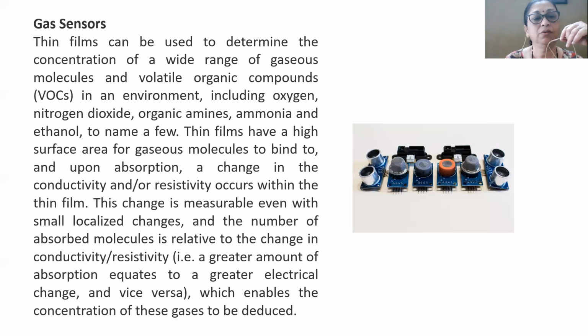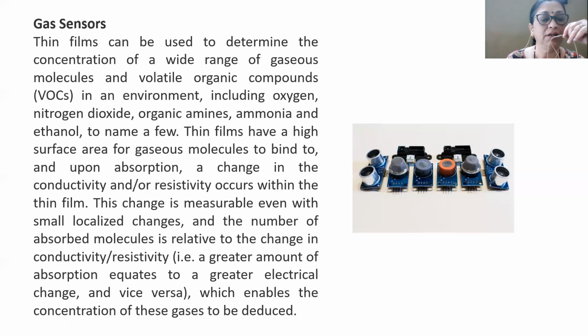This adsorption of gas molecules at the surface of the thin film sensor is going to change the conductivity of a particular material. This conductivity, or the amount of free electrons present in that semiconducting material, depends on the concentration of gas adsorbed to the surface of the film.